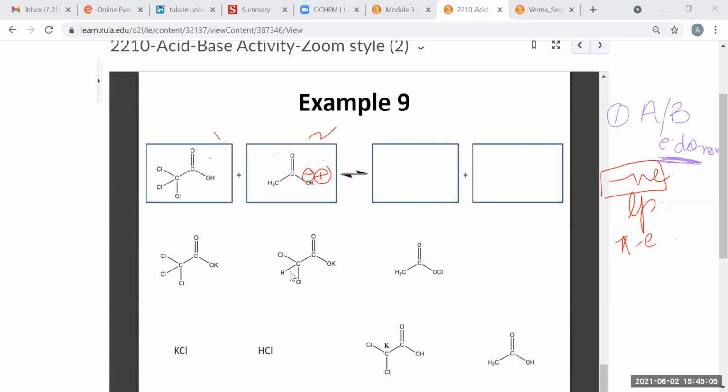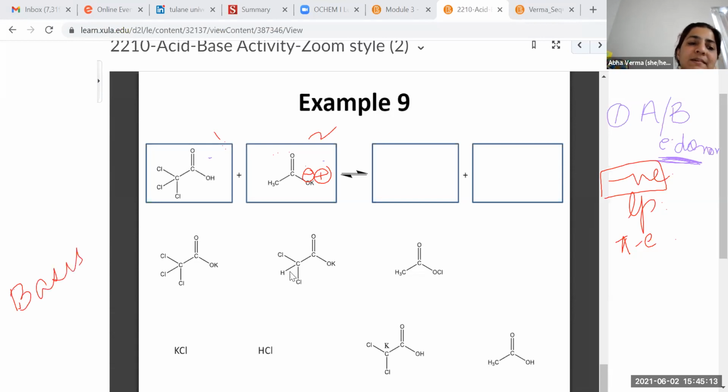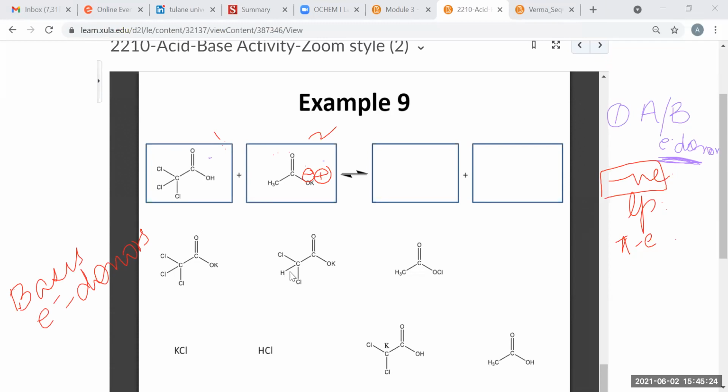Very good. Is it because it's Lewis acid and bases now? So bases are always electron donors. Okay, and this is the Lewis definition. But the Lewis definitions are so broad that they can accommodate the Bronsted-Lowry definitions also.